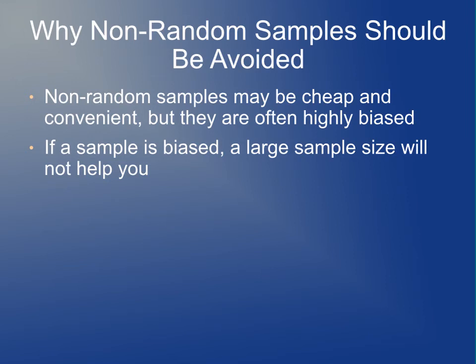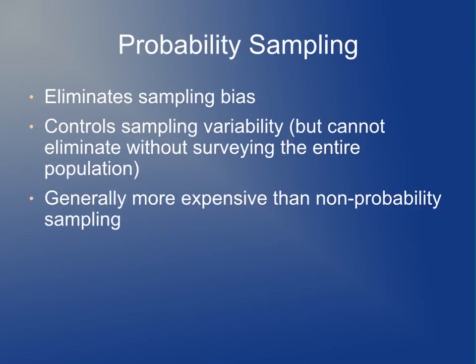The moral of the story: use probability sampling whenever possible. That is, just sample randomly from your survey population, giving equal probability or approximately equal probability to each person. The benefit of probability sampling is that it eliminates sampling bias and it controls sampling variability, in that, as we'll discuss later in this course, you can estimate the amount of sampling variability.